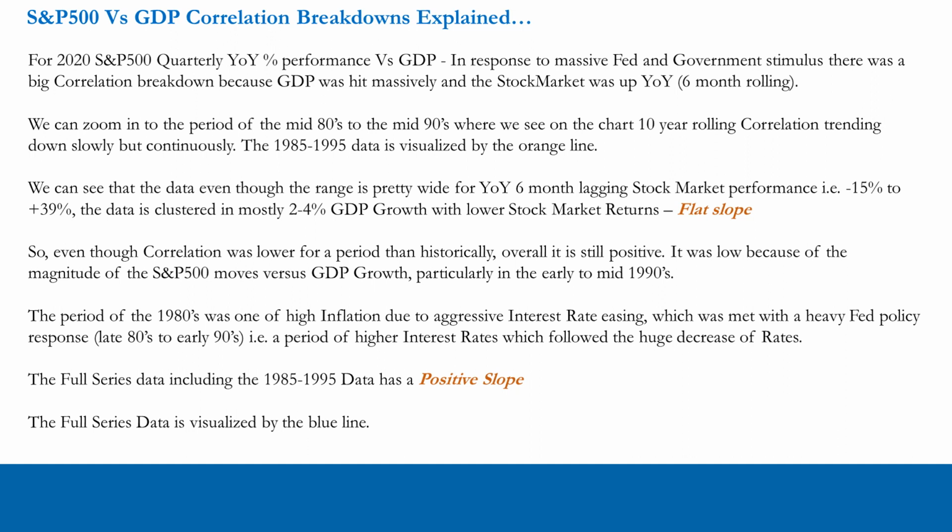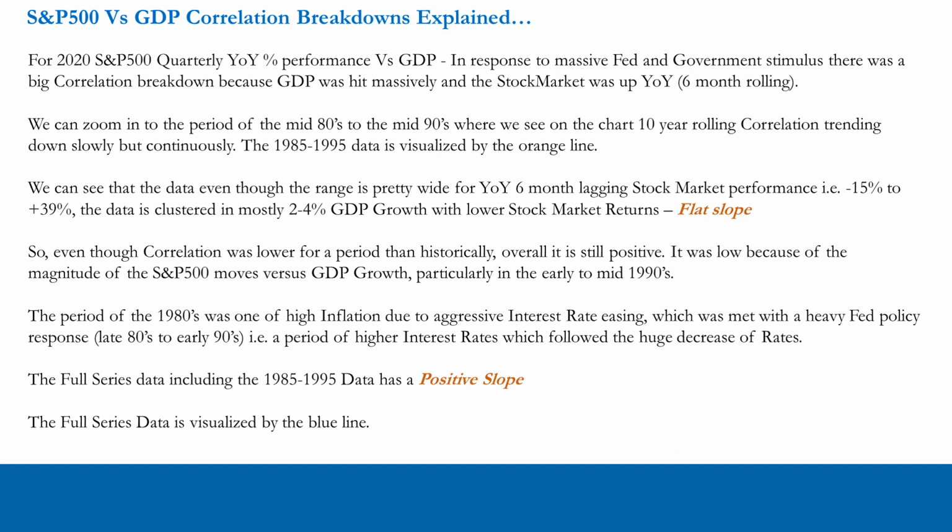The correlation during that period in the decade 1985 to 1995, when the 10-year rolling correlation just trended down continuously and then got very low. Why did that happen? Well, it was low because of the magnitude of the S&P 500 moves versus GDP growth, particularly in the early to mid-90s. Arguably, how is that explained? Well, probably the higher interest rates coming through and affecting stock market returns.